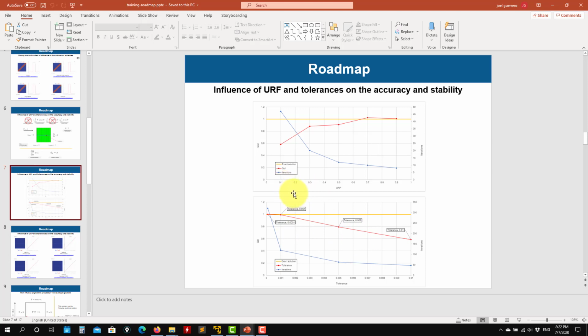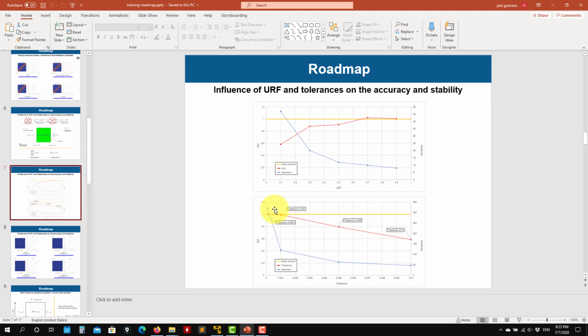That will be equivalent to this case, and now you have the fixed relaxation, but you decrease the tolerance. As we decrease the tolerance, we get closer to the solution. But now we're going to see an increase in the number of iterations. So you have under-relaxation, but sometimes you need to be careful and use the right tolerances.